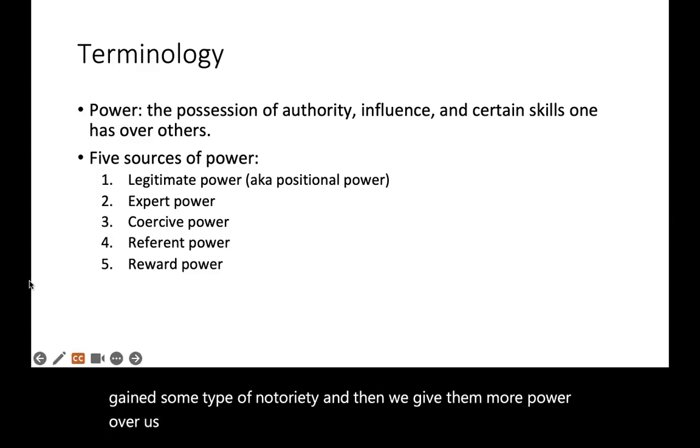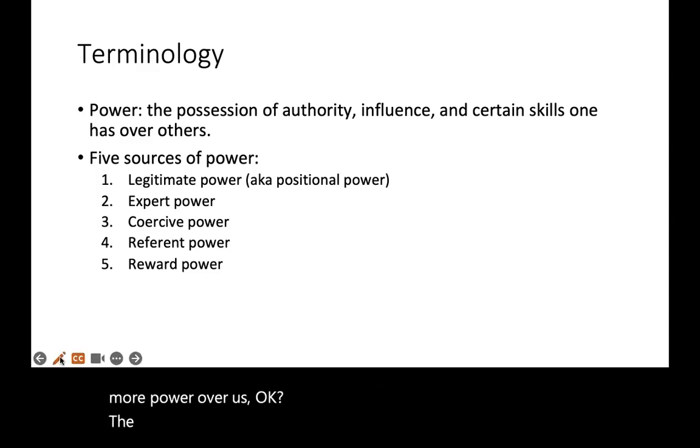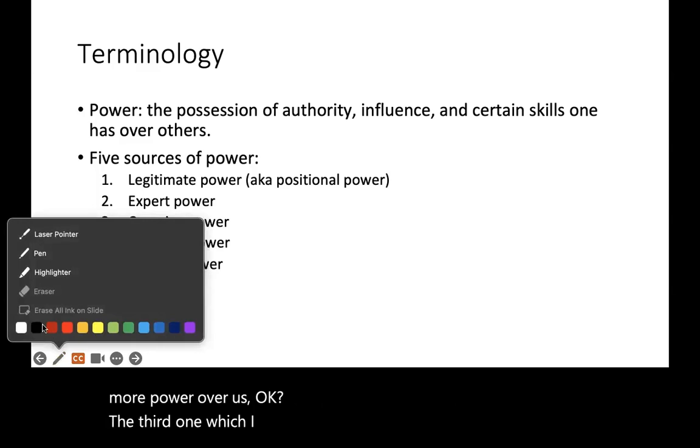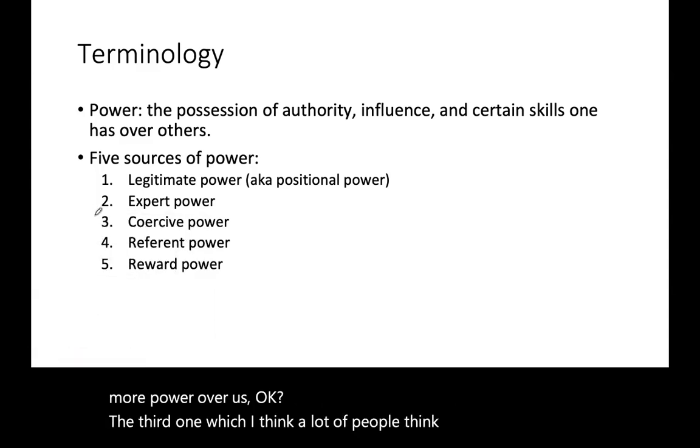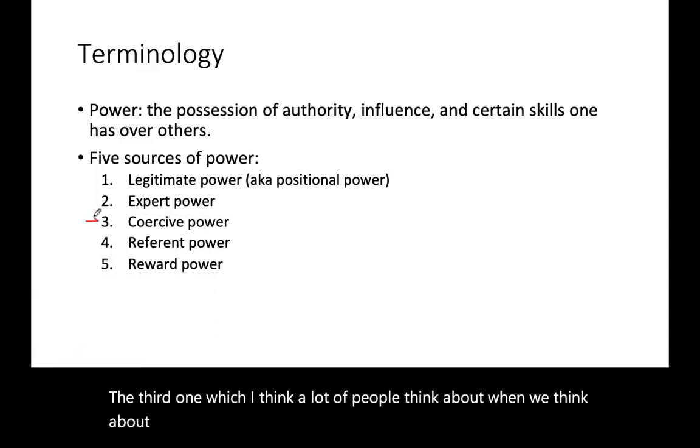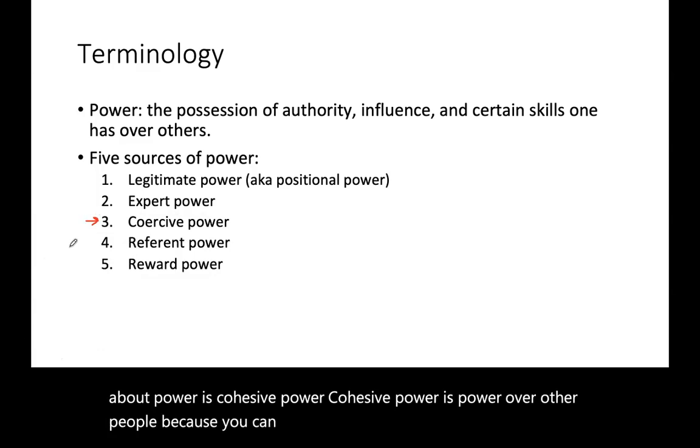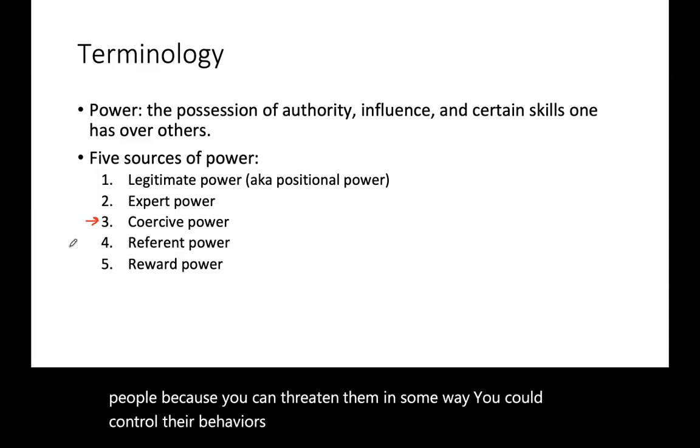Okay. The third one, which I think a lot of people think about when we think about power, is coercive power. Coercive power is power over other people because you can threaten them in some way. You could control their behaviors through physical or psychological forces.